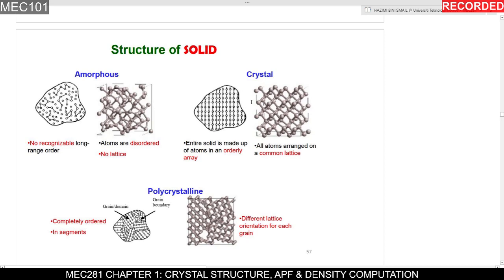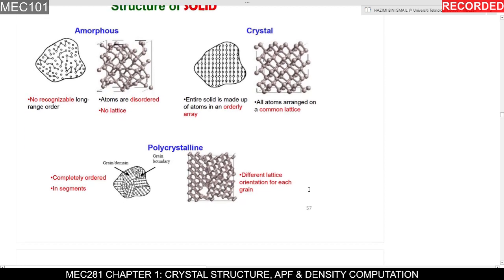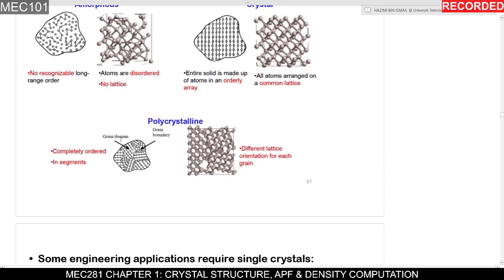But for the crystal you can see the pattern, because the entire solid is made up of atoms in an orderly array, like this, and all atoms are arranged on a common lattice. Lattice is the 3D line network between the atoms. And the polycrystalline is completely ordered, but has different lattice orientation for each grain.